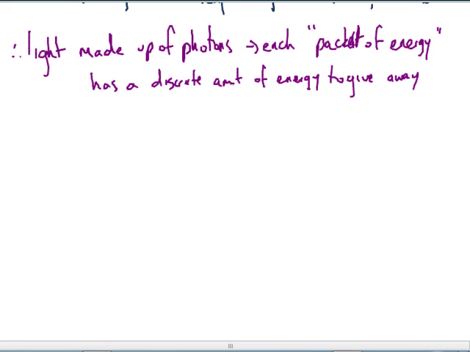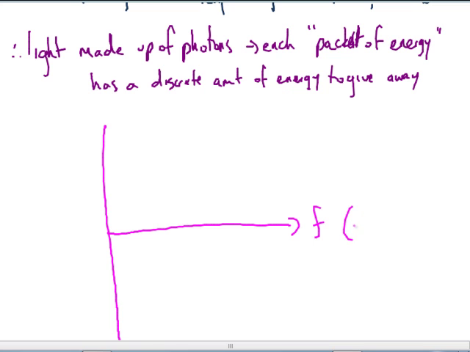So that brings us to the kinetic energy frequency graph. Definitely expect a question on this in your exam. We've got frequency, usually times 10 to the 14, and we've got energy.